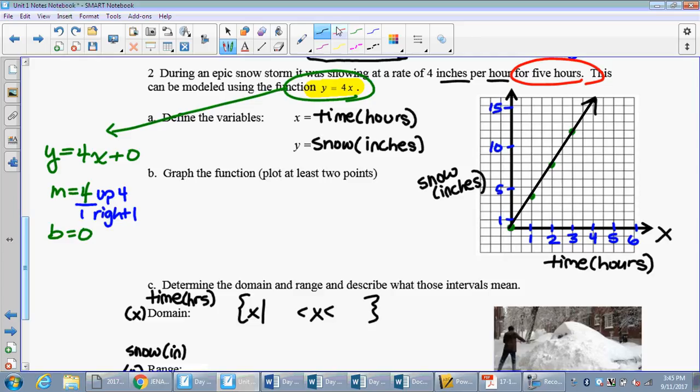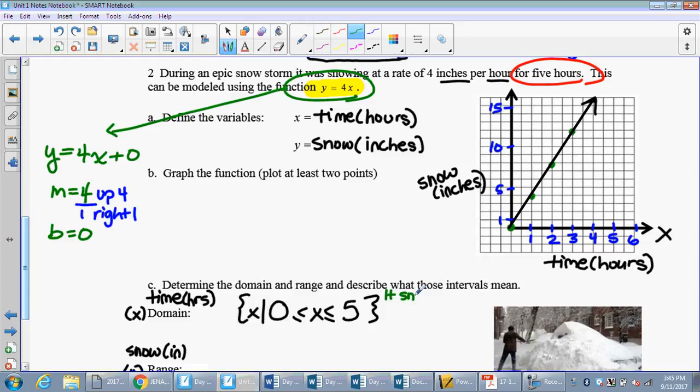If it's snowing up to 5 hours, I know that 5 goes here, because that's the most number of hours. I'm not really told a starting time, but I can kind of reason. In the real world, there's no such thing as negative time. So 0 is the real world restriction on the time. It's snowed between 0 and 5 hours. So what do the intervals mean?